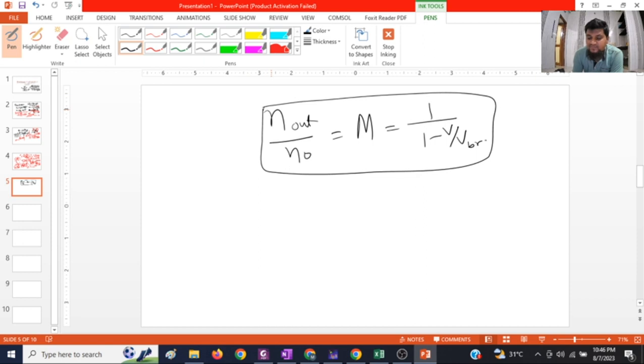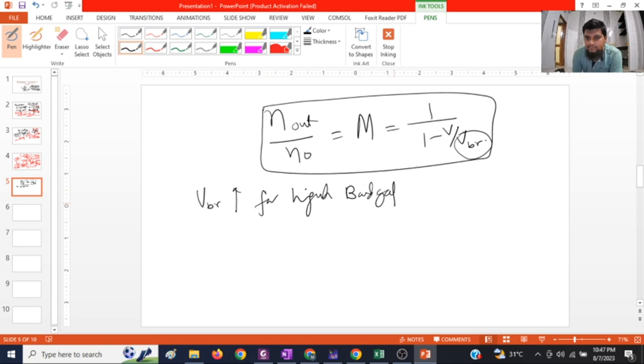And this is because of the breakdown voltage. This breakdown voltage VBR increases for high band gap material. So VBR can be up to, for silicon generally it is 70 to 100 volts.